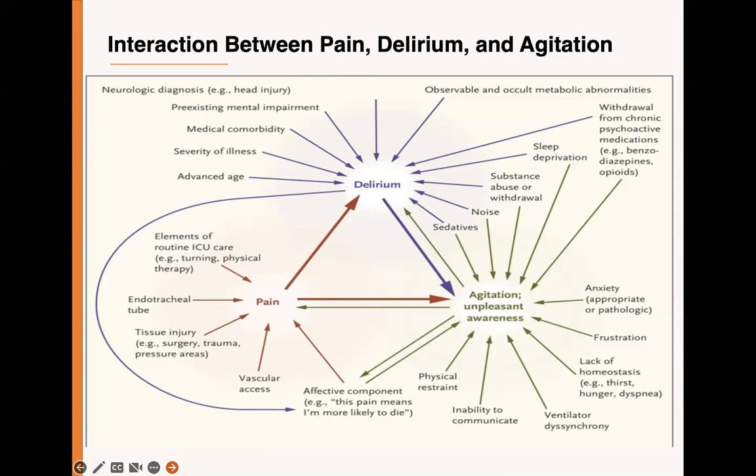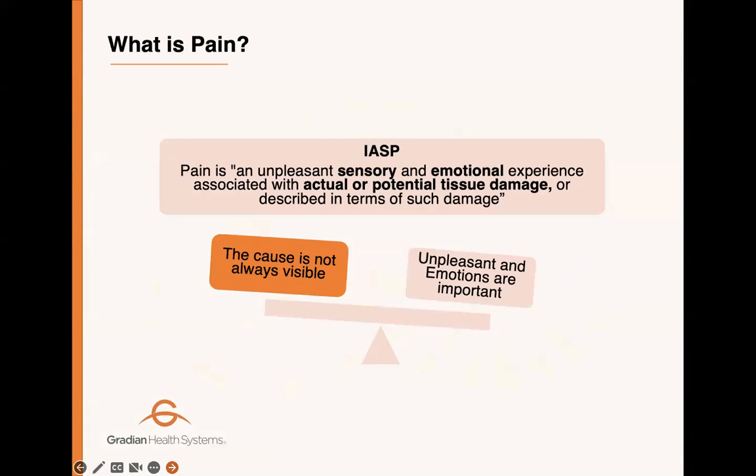Next slide. So what is pain? Pain has been defined by the International Association for the Study of Pain as an unpleasant sensory and emotional experience associated with actual or potential tissue damage or described in terms of such damage.